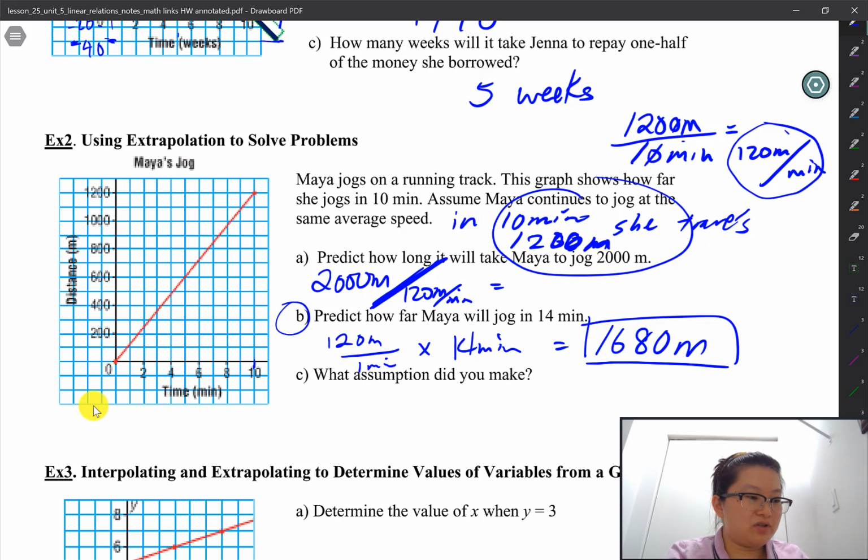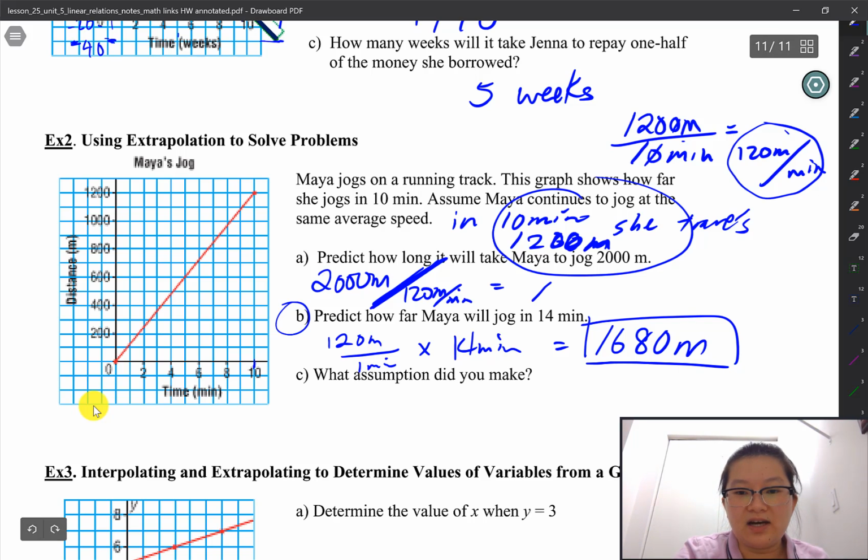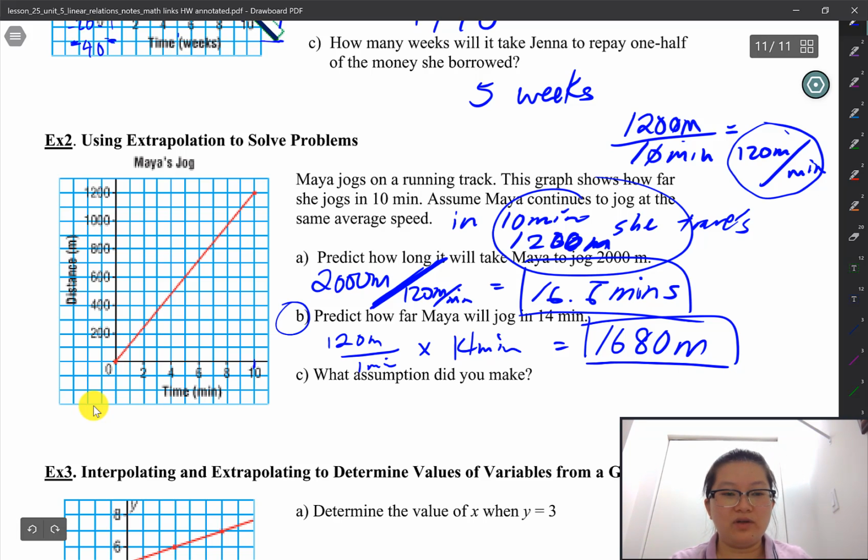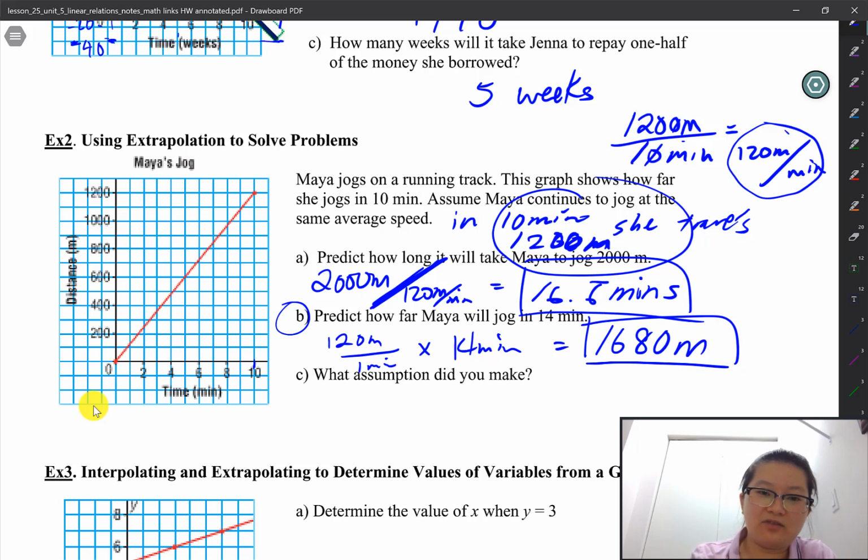On my calculator, I put 2,000 divided by 120, and that's going to give me a very ugly number, but that's okay. I have 16.66 repeated minutes, and I just put a bar on top to signify that it's repeating. So that is how I would have to juggle this question without there being graph space. You kind of have to get the information from the graph and use it.